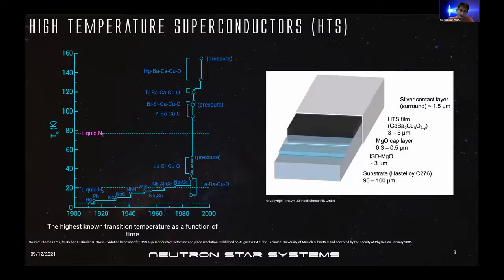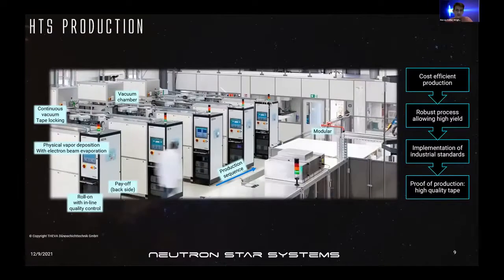The other key advancement that's happened with these materials in the last 20 years is that they're now available as commercially mature products made of multi-layer materials. You can buy these superconducting tapes basically off the shelf from suppliers all around the world. So they're available at very reasonable prices, at economies of scale, and together with their high temperature characteristics, they're now well suited to be used in space applications.